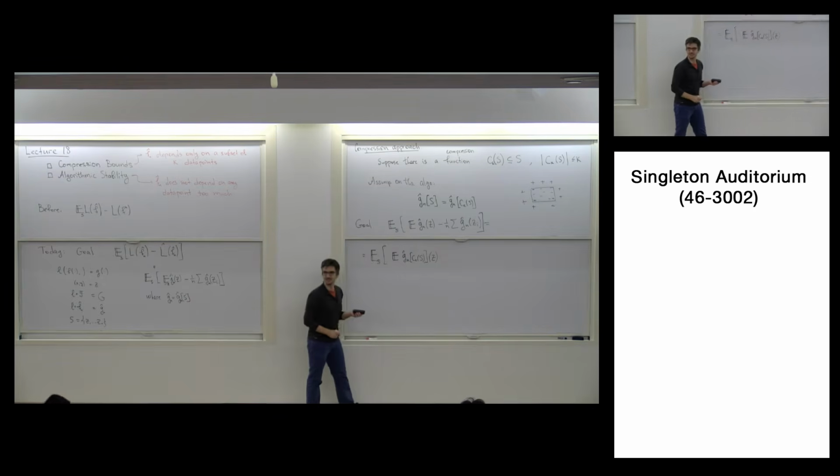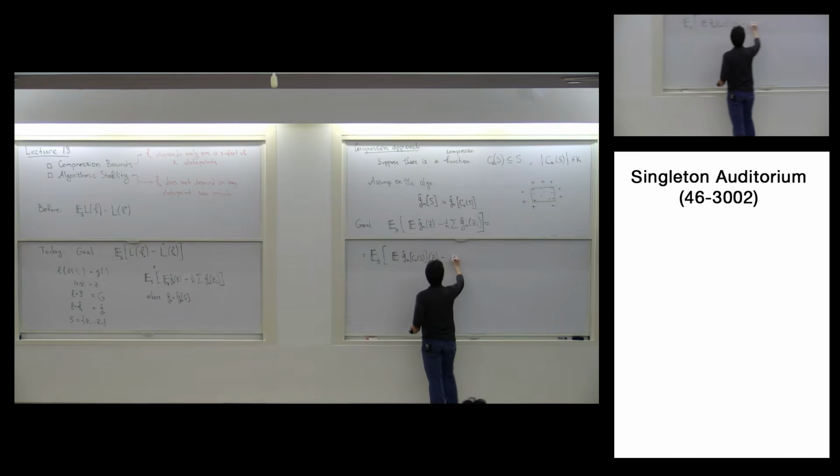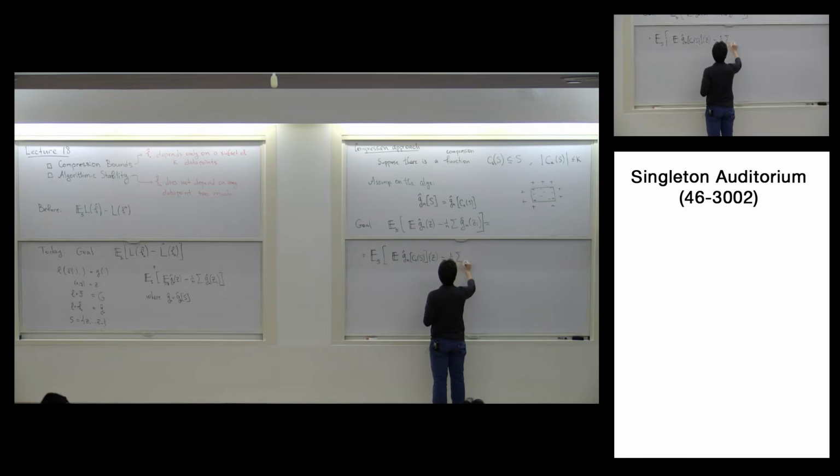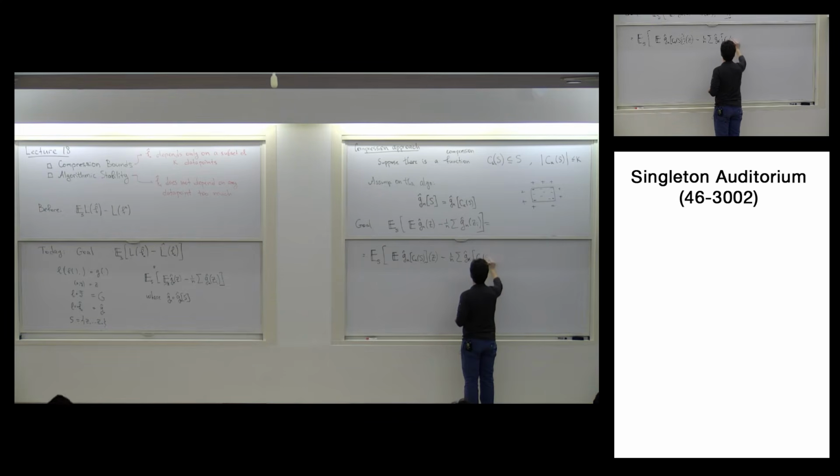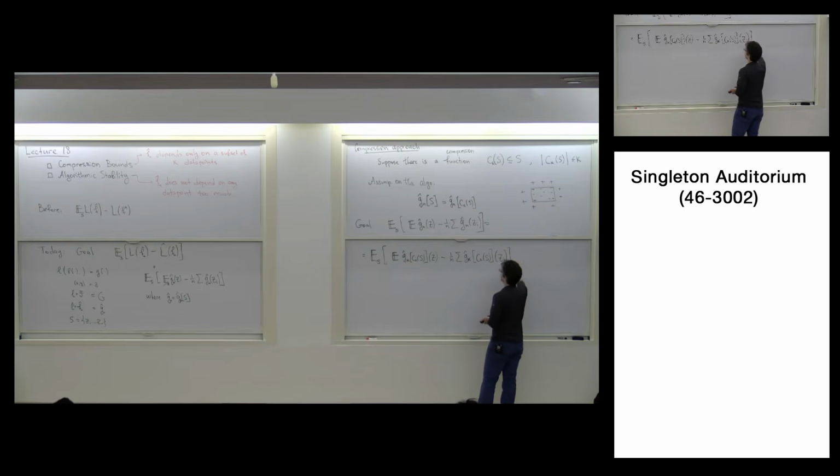Okay. Minus 1 over n sum of g hat k, sorry, of C_k of S evaluated at z_i. Okay.